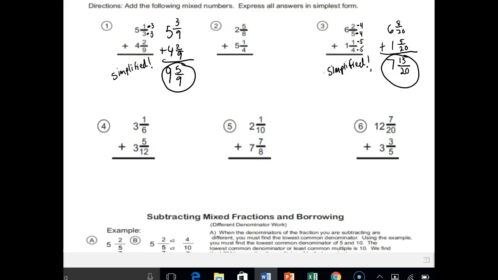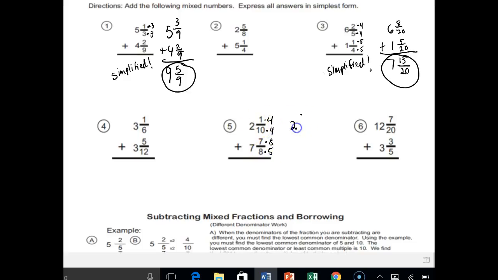All right, let's go to number 5. So the common denominator between 10 and 8 actually happens to be 40. I could multiply this by 10 and this guy by 8, but then I'd have to do some reducing in the end. So let's say times 4, times 4, times 5, times 5.